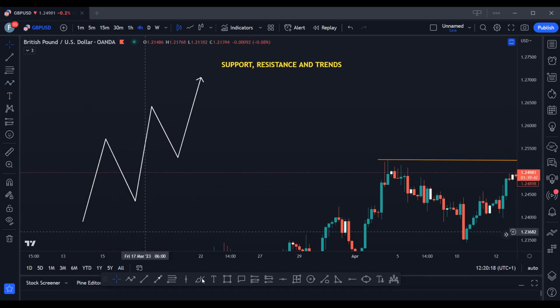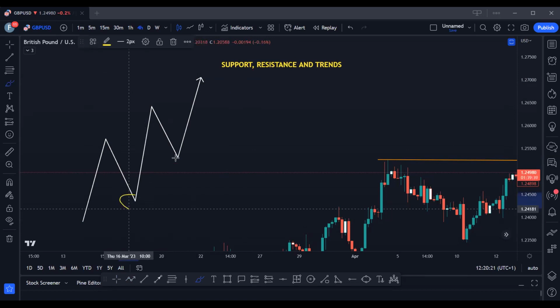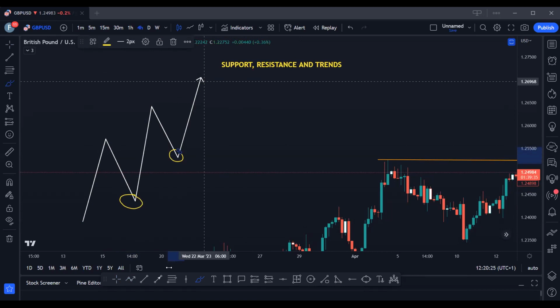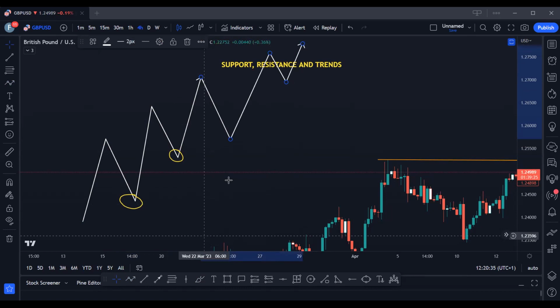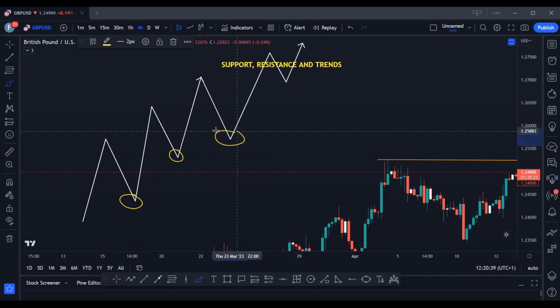Remember that in an uptrend we have higher lows, so you look for buys at that higher low. The question remains: how do you know where this higher low is going to be initiated, or where to start buying in an uptrend?